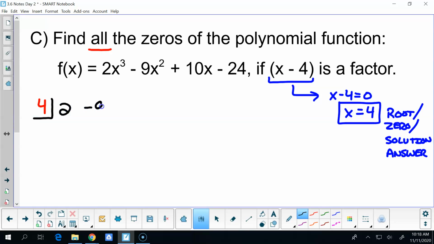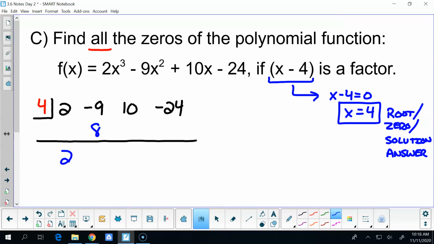2, negative 9, 10, and negative 24. So this would be 2, 8, negative 1, negative 4, 6, 24, and 0.